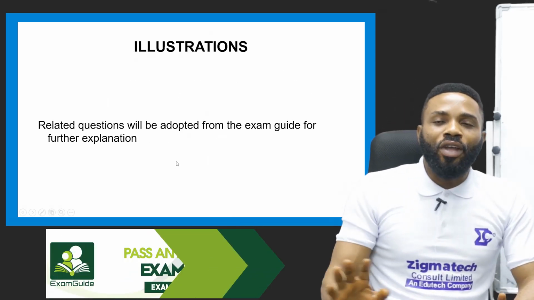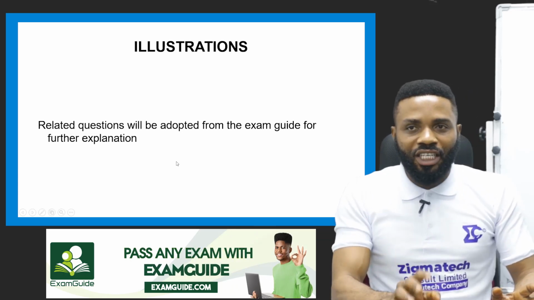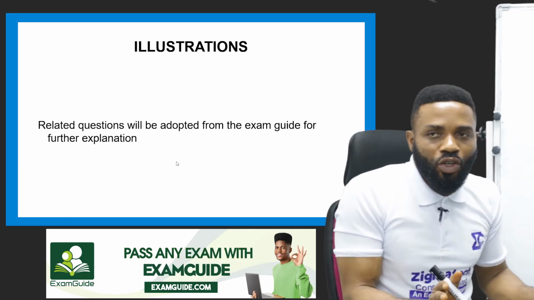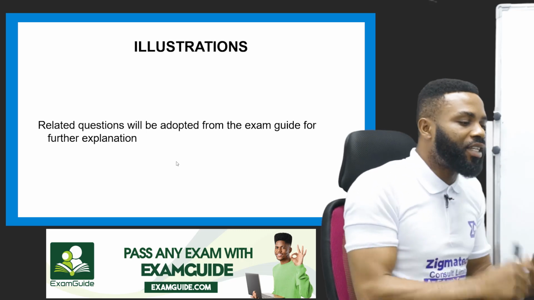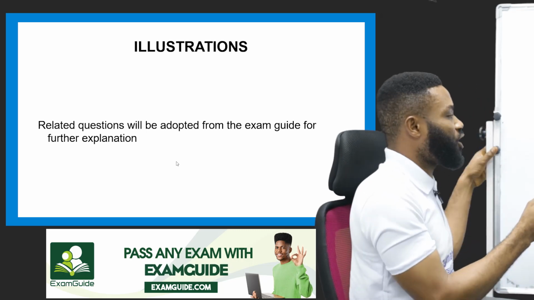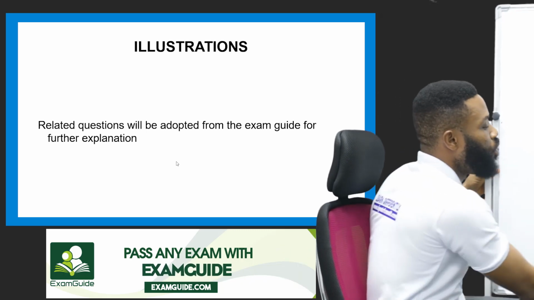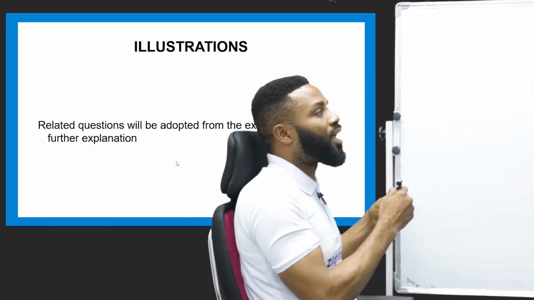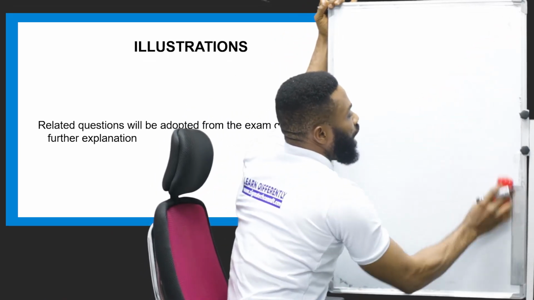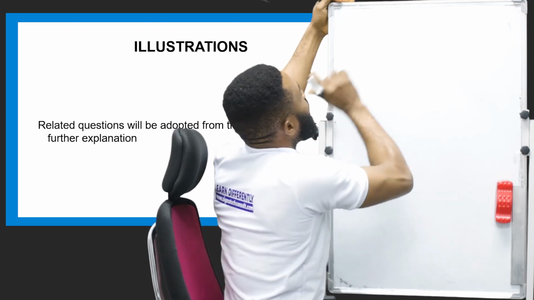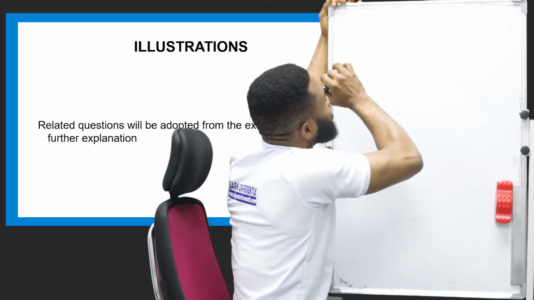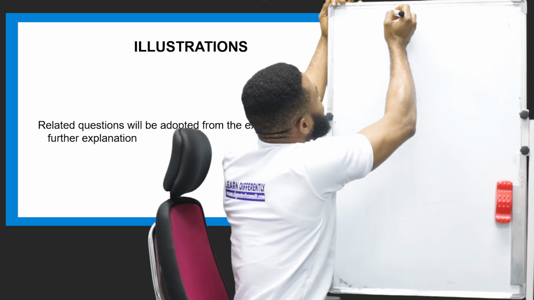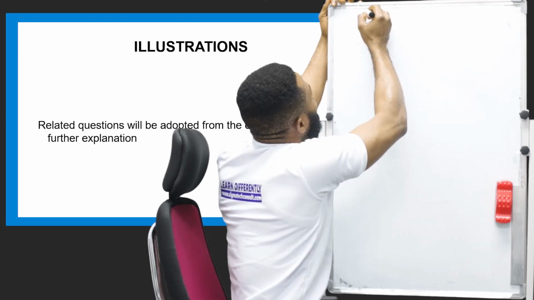Now, we are going to illustrate this with some questions from our exam guide. But before then, let me just give you a sketch of how it looks before we go to our exam guide to really give more explanation. Now, let's assume that I'm still writing in our company, ABC Limited. 2-column cash book.